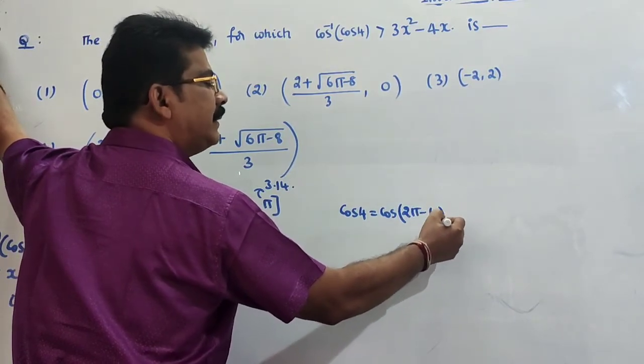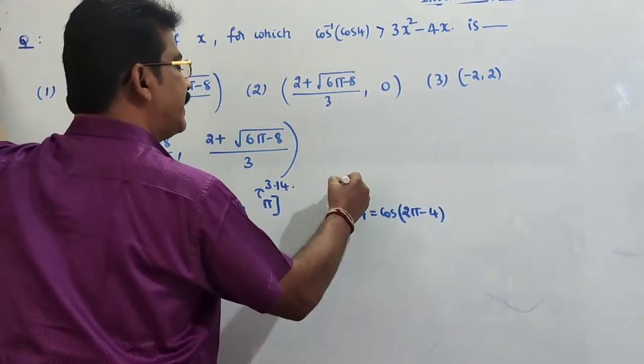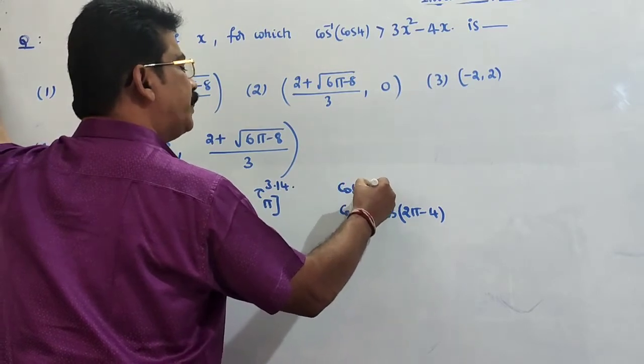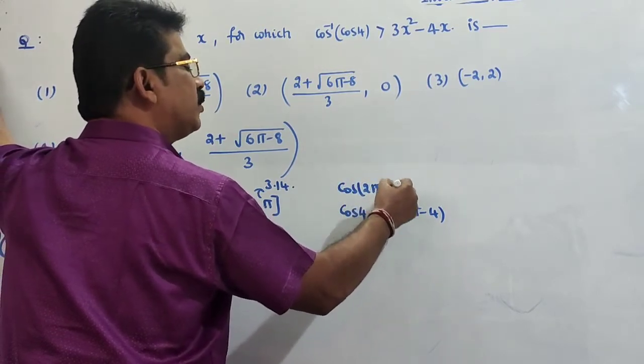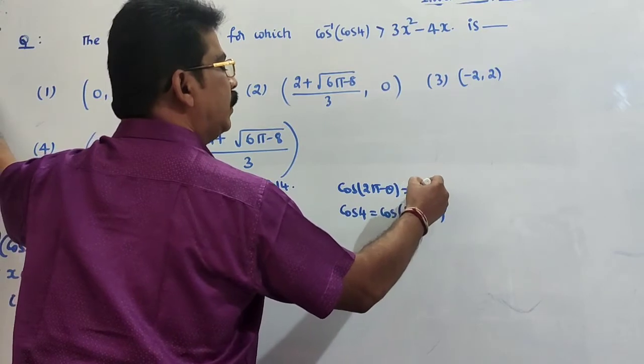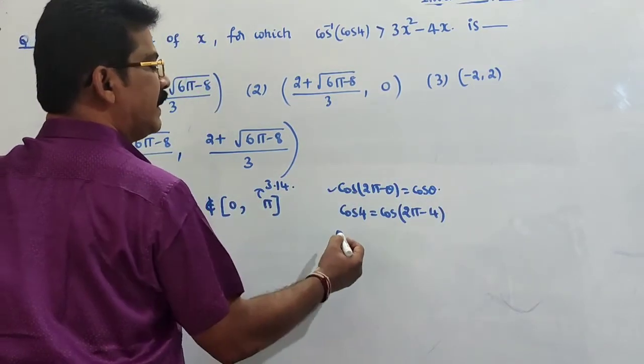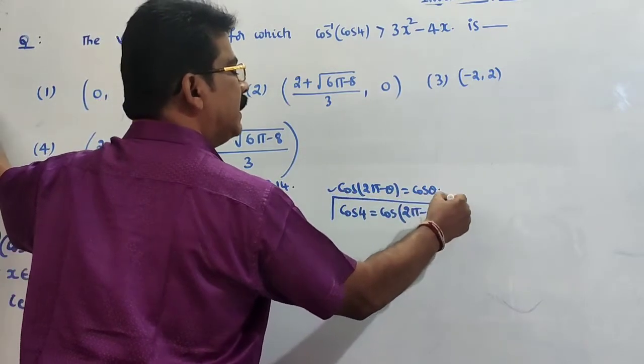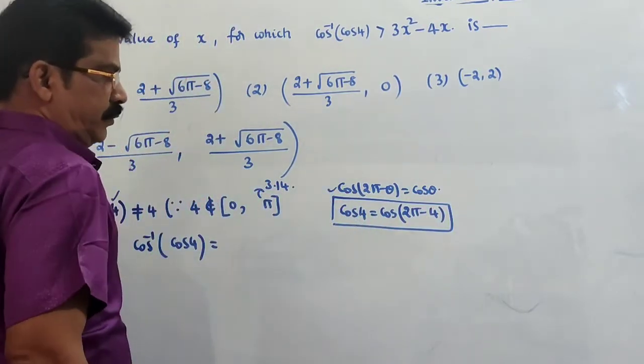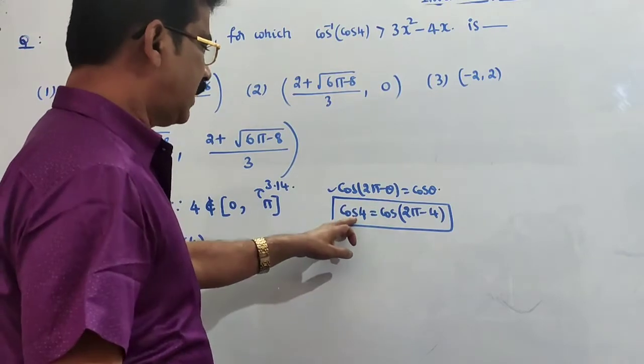That means cos of 2 pi minus theta, in the fourth quadrant, is equal to cos theta. According to the formula it is right. So we can write cos of 2 pi minus 4 is equal to cos 4.